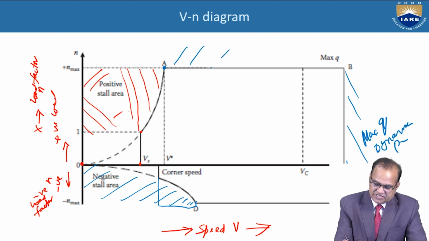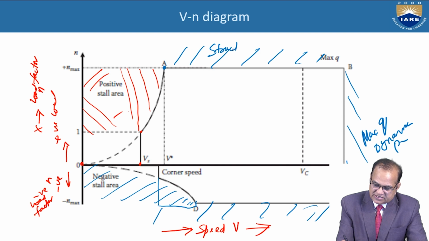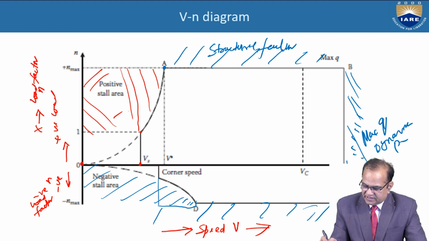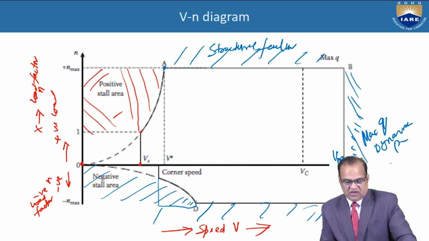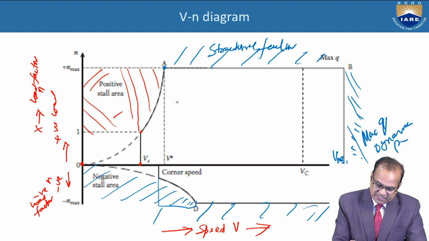This is the structural zone, this and this. Structural failure is due to the high velocity. This is the VNE, never exceed velocity. So this I have explained here. This is the safe zone.